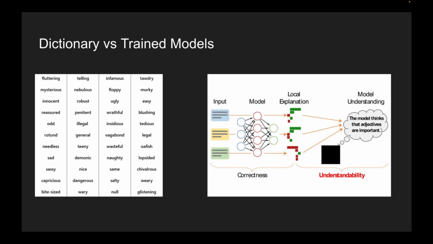I've given an easy example here of adjectives. On the right side is a representation of a trained model talking about what it would determine to be an important adjective. The way that would work is, let's say you have a bank of sentences, and each one might include one of those words on the left. Each time those things are mentioned, you might label that sentence as having an important adjective. And these are the top 100 adjectives used in the English language.